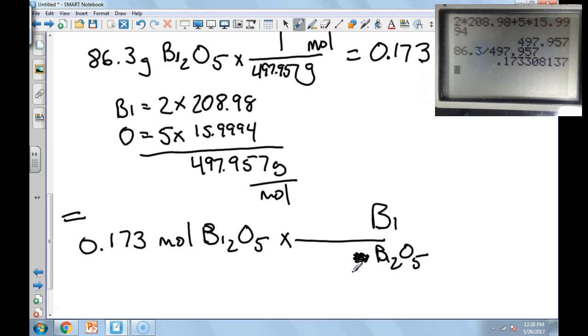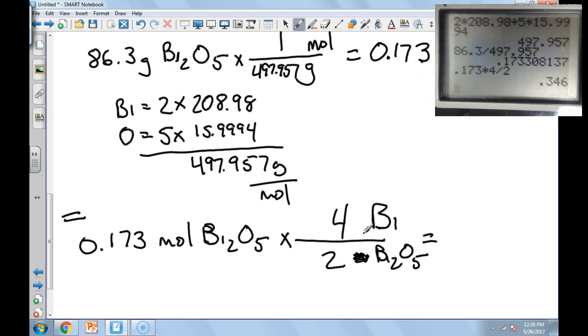Okay, and what I know is the balanced chemical equation says for every 2 of these, we have 4 of those. Now, if you can do this math in your head, bless you for it. Okay, that's fine, but I'm going to show how to do it. So it's 0.173 times 4 divided by 2.